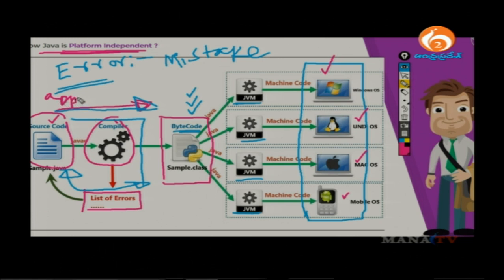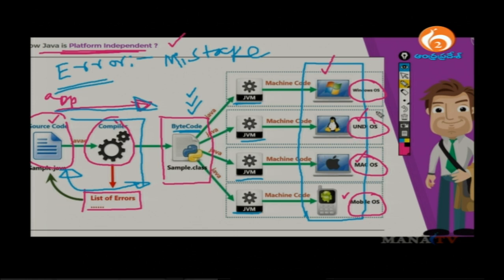This website runs on your Windows operating system, on Linux or Unix, on Mac, and on the mobile operating system. Everywhere it will run. This is the reason we call Java platform independent. Hope you are clear on this picture.